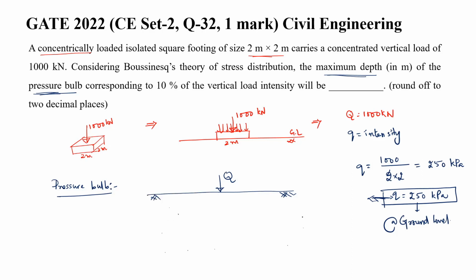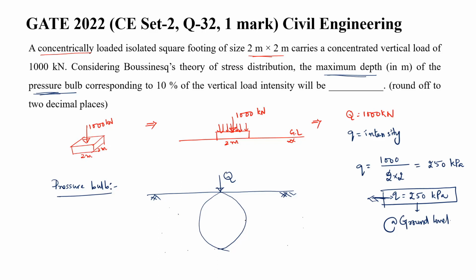Now if you join all the points of equal increment in vertical stress, you will get a spatial curved surface, which resembles a bulb.